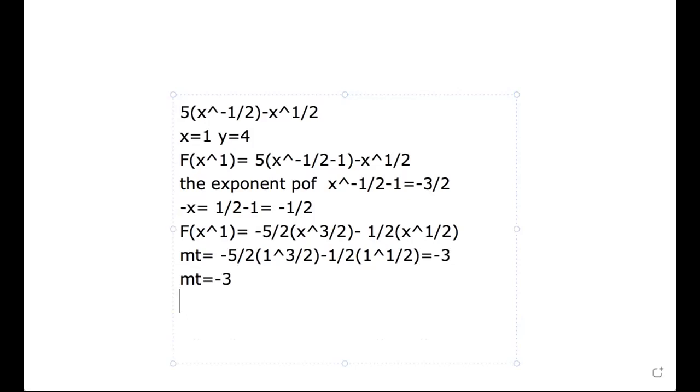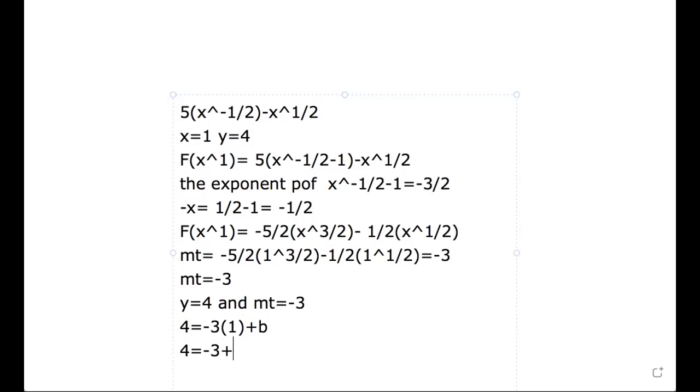Now we know the y is equal to 4 and MT equals -3. The only thing remaining to find the equation of the tangent is the b. How would we find the b? We would substitute 4 in place of y, and MT times x, with x equal to 1, plus b. Okay. Now it would be 4 equals -3 plus b.